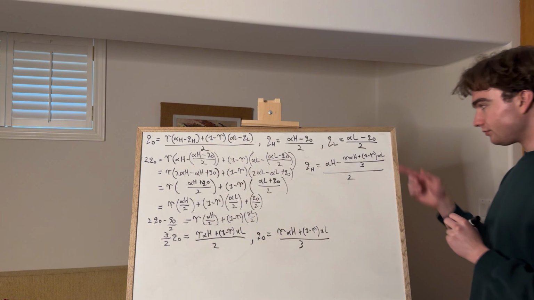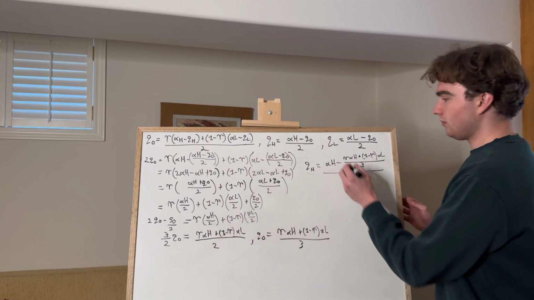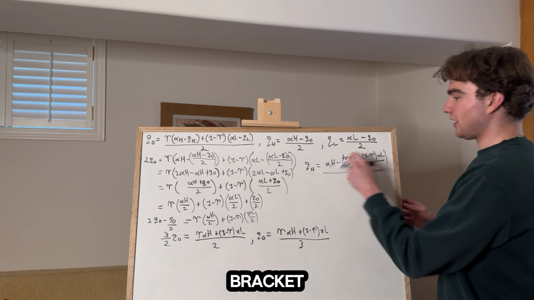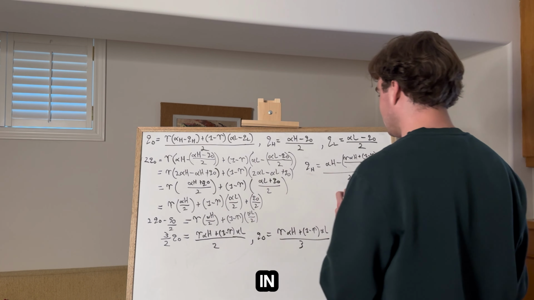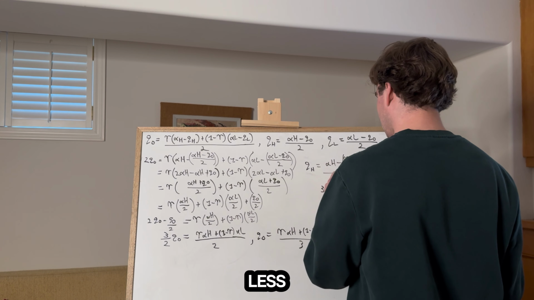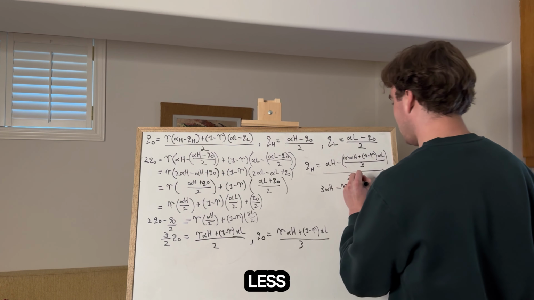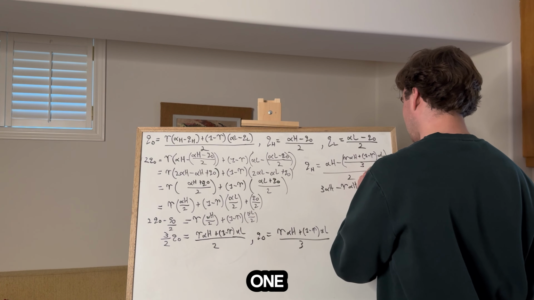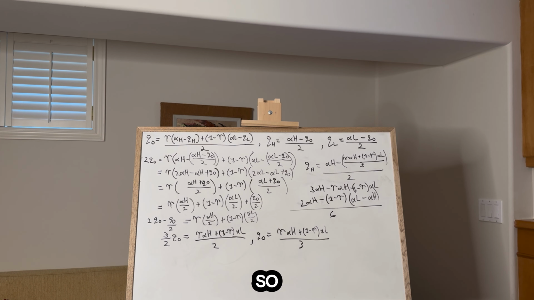This is our first step. And then imagine like a bracket here, because the less is going to be put into this, and it'll make sense in just a second. So we have 3 alpha H less this probability, and this is making this less 1 less this probability L.